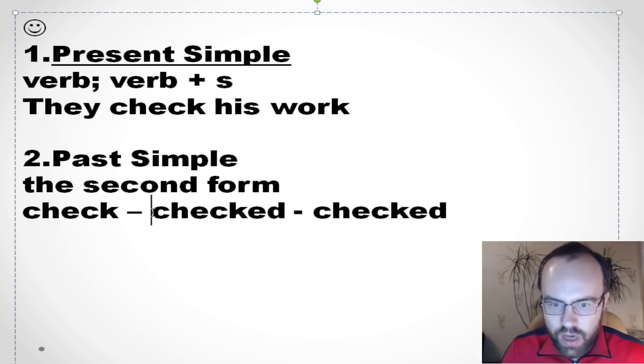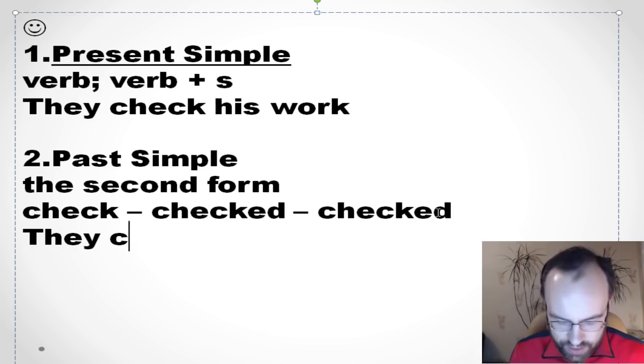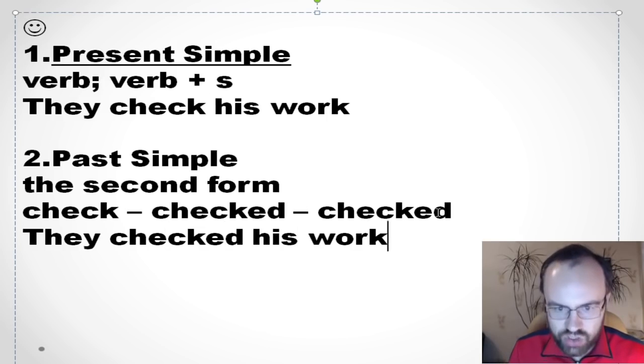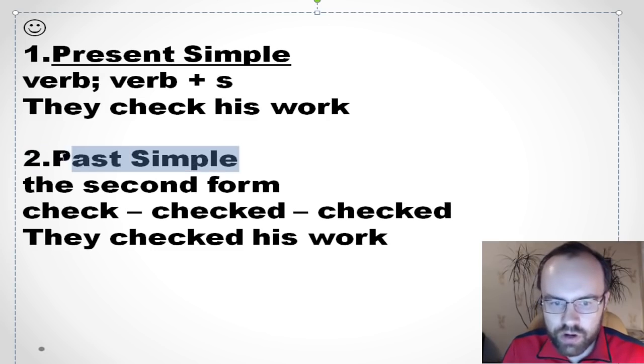The second form is the same as the third form. So they checked his work. The form is the same for regular verbs. If it's an irregular verb, you need to remember this form.